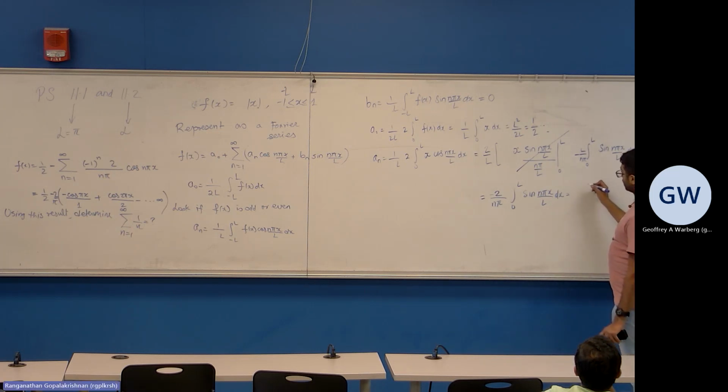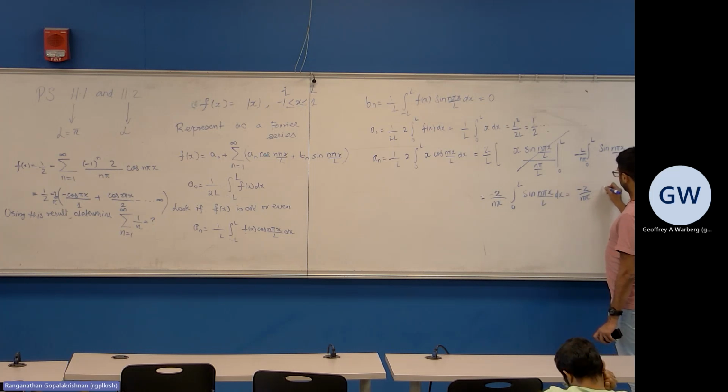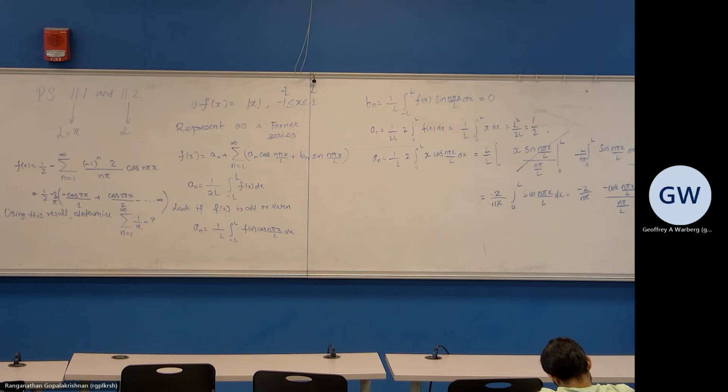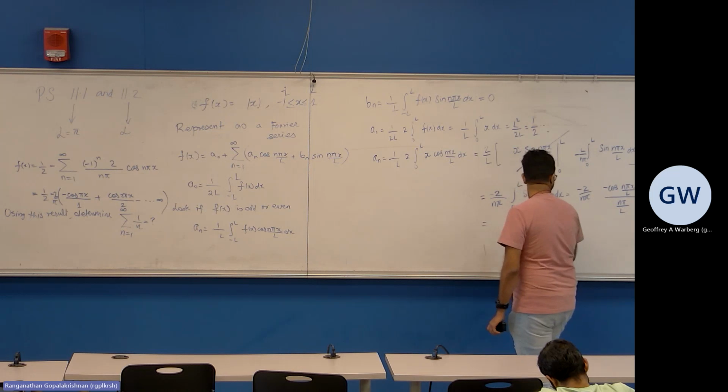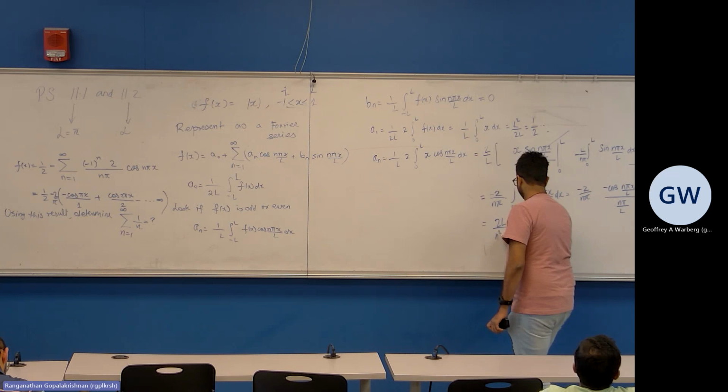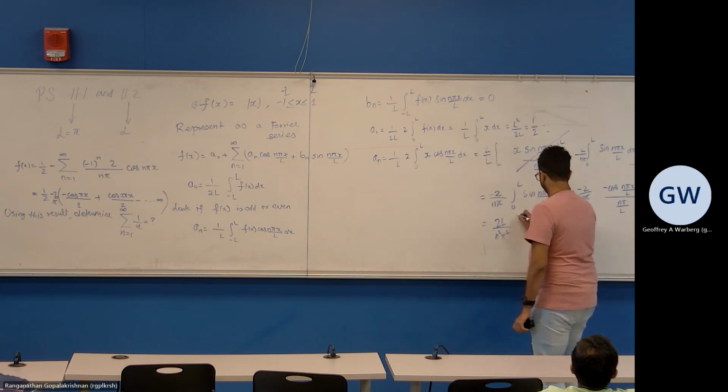Okay, so then this is minus 2 over n pi times minus cos n pi x over L divided by n pi over L from 0 to L. If I do some simplification, this is 2L divided by n squared pi squared.